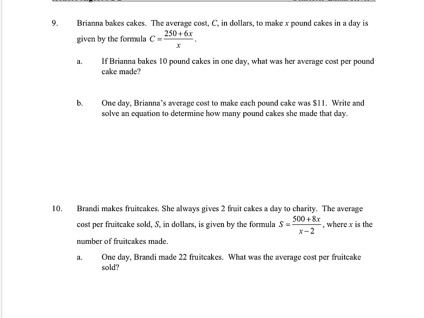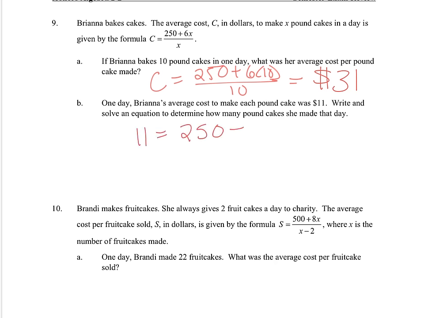Okay, so if she bakes 10-pound cakes, plug 10 in for x. Use your calculator to evaluate that. And you should get $31. And if it costs her 11, we're going to plug that in for C. And solve, so we're going to multiply x to the left.